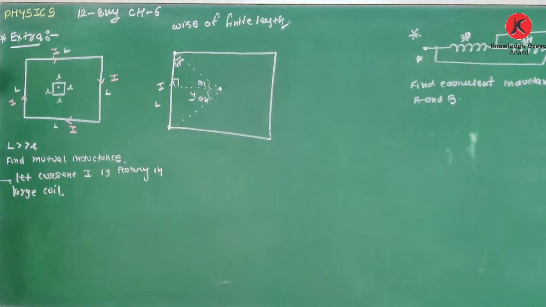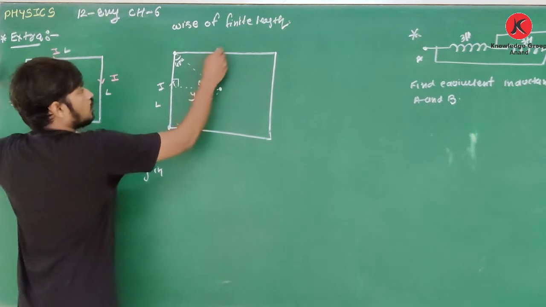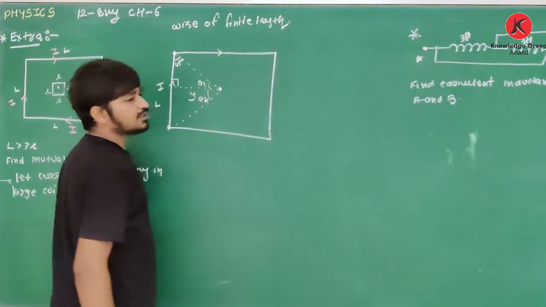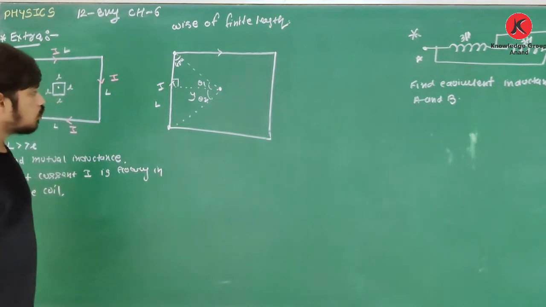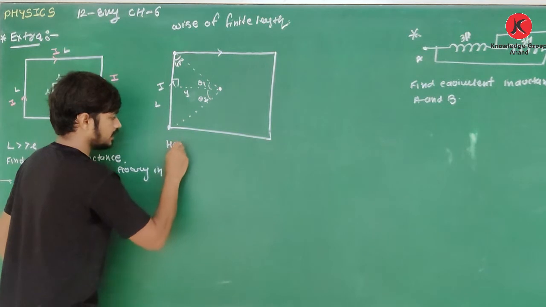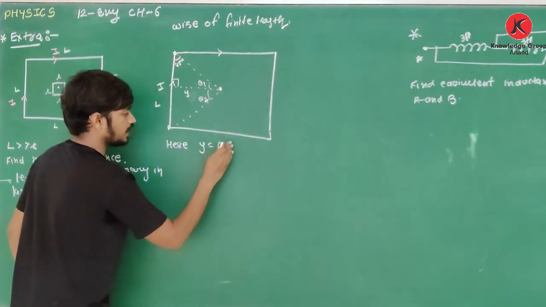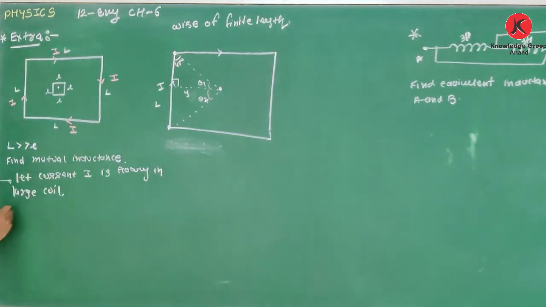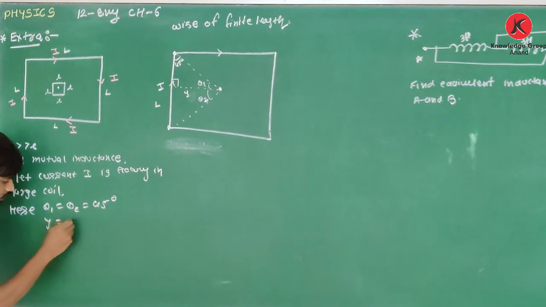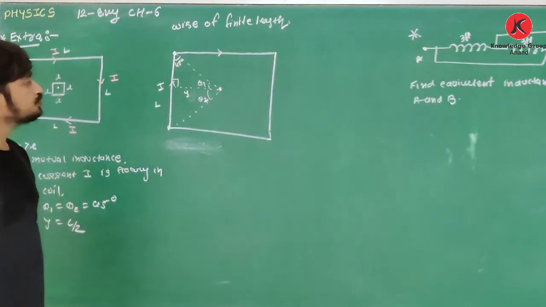For this wire also, angles theta 1 and theta 2 will be 45, and the distance y is equal to L by 2.